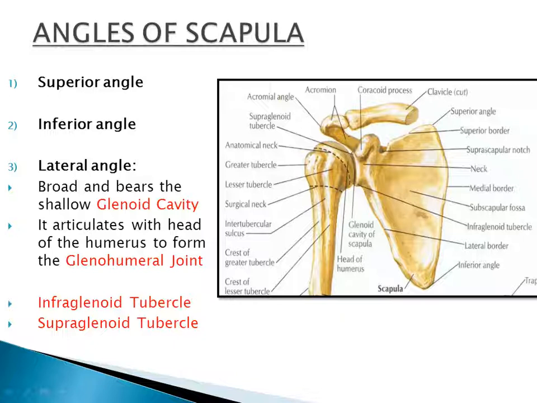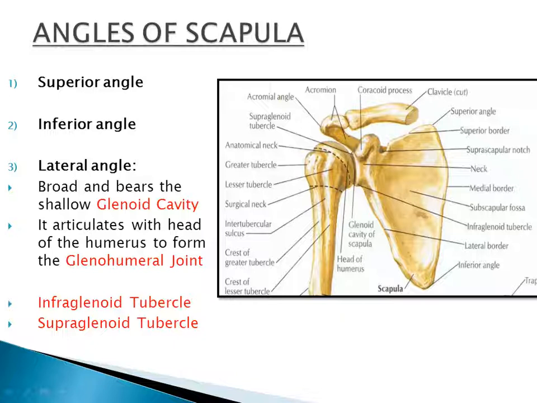Just above the glenoid cavity, there is a triangular tubercle which is called as supraglenoid tubercle. Now what tubercle is? Tubercle is an elevation, a triangular elevation present on the bone.